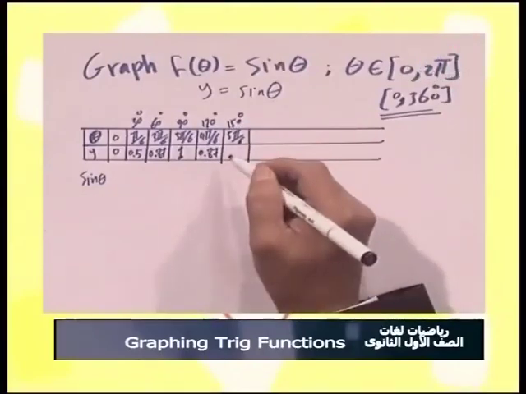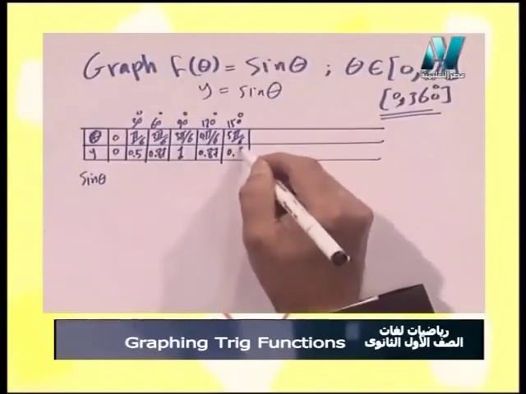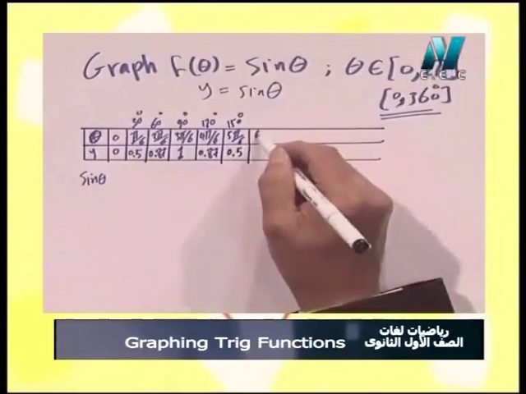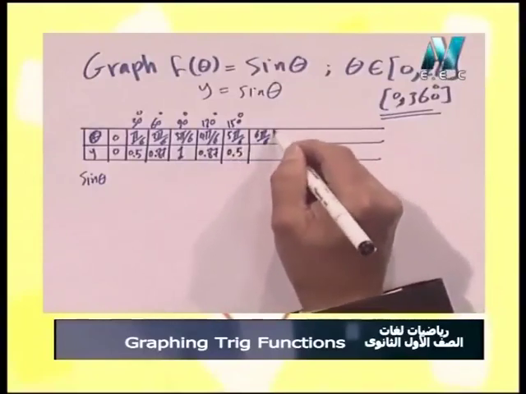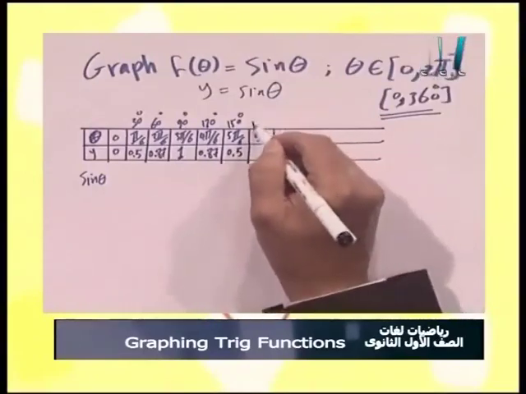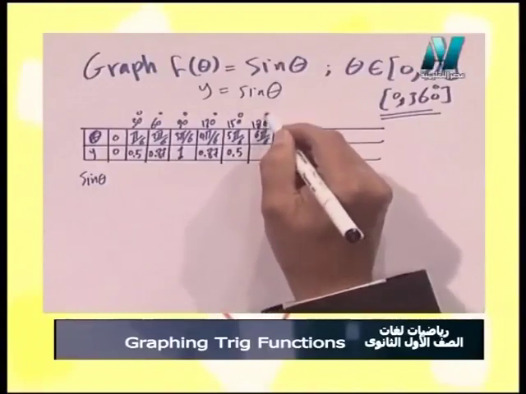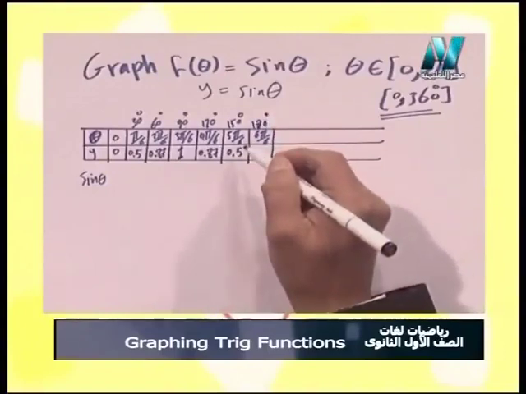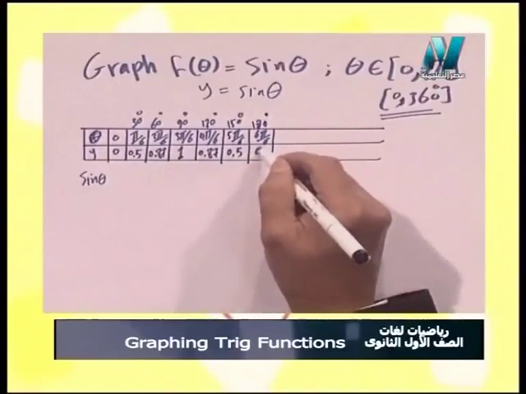The answer will be 0.5. 6 pi over 6, which is pi itself, which is 180 degrees, will be 0 again.